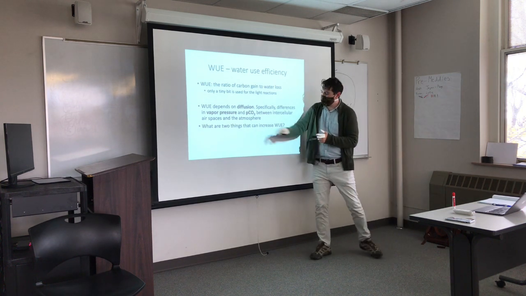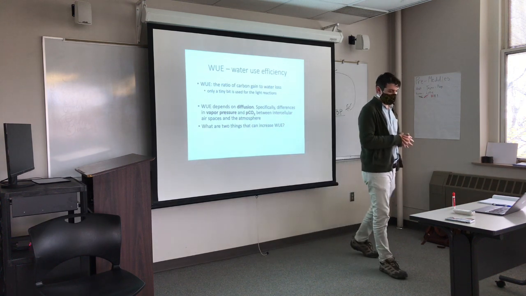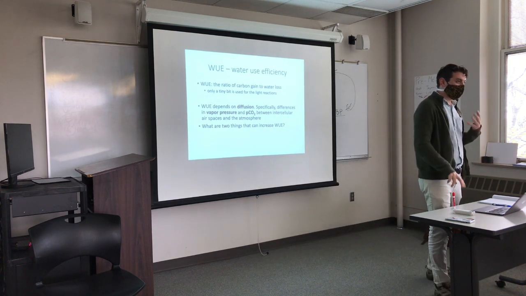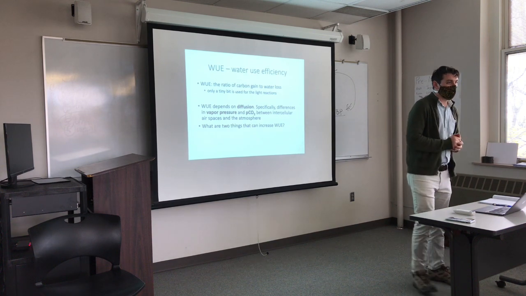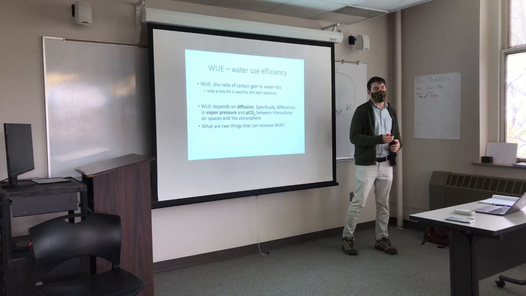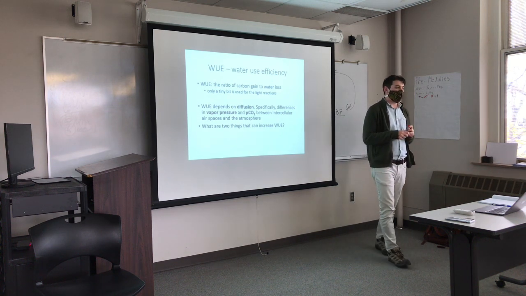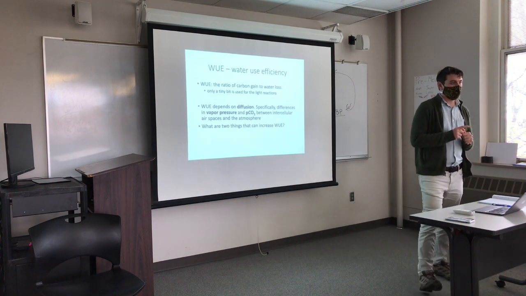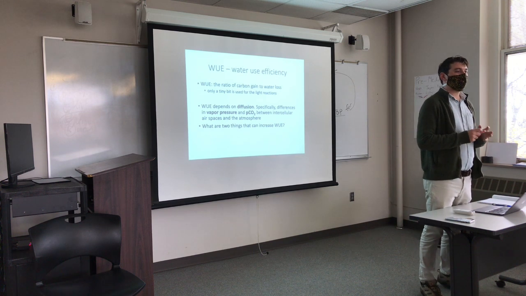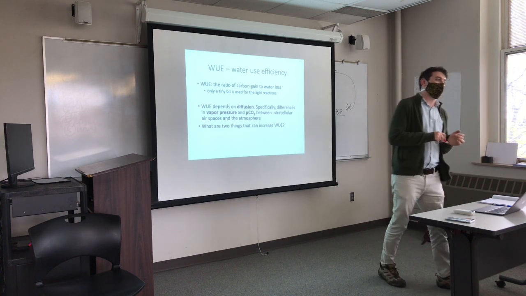So can you think of something that a plant could do or might experience that would increase its water use efficiency? If you're losing water as you gain carbon dioxide, what could increase your water use efficiency? Anyone who hasn't spoken up yet today, take a stab at it.